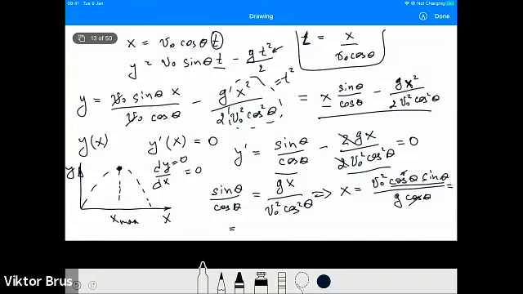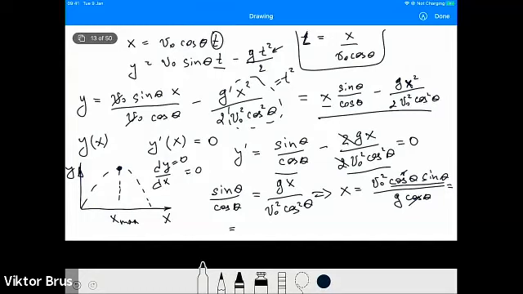So it can be changed to sine 2 theta divided by 2, because 2 sine theta multiplied by cosine theta is equal to sine 2 theta, and here we don't have 2, so we need to divide.